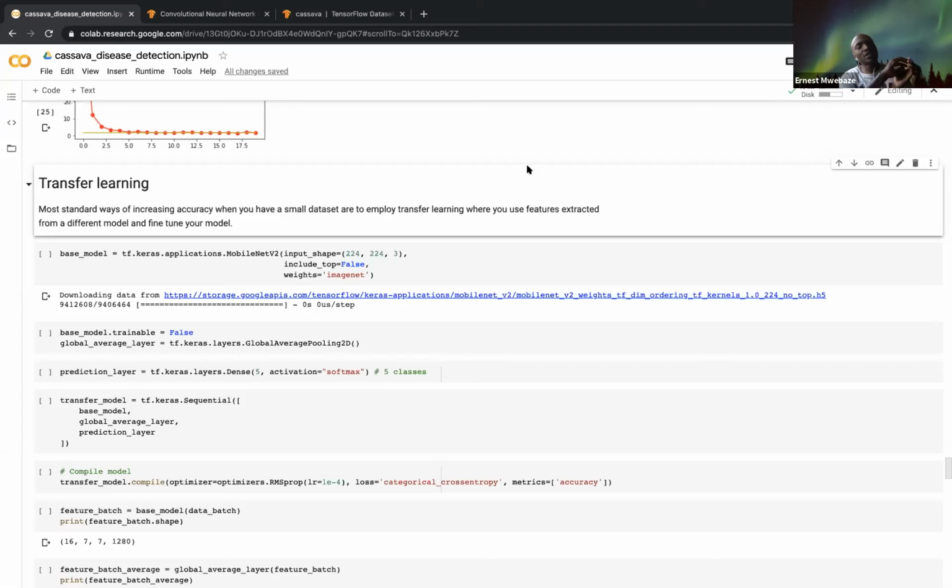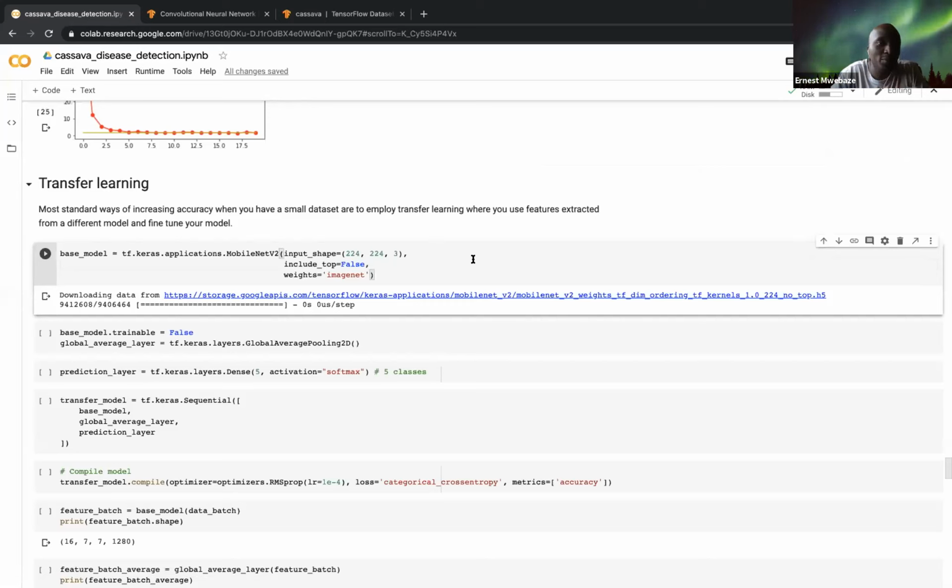So if you have something that has been trained on a larger data set of images, then maybe it has learned ways of extracting edges and colors in a much better fashion. And so maybe you can take that, cut off the top, and on the top add different layers that are specific to your problem, in this case cassava disease detection. And this is what we want to do.